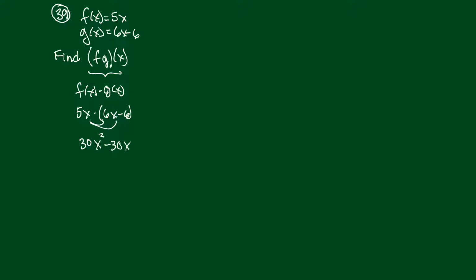Actually, since I'm just computing at x, there really is only one way to do this, and that is exactly what we've done here. So our new function, which we're going to call fg, because it's more than one item here, I'll put in parentheses, of x, is this new function, 30x squared minus 30x.